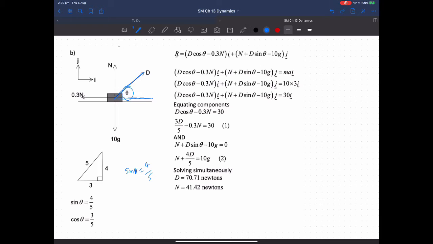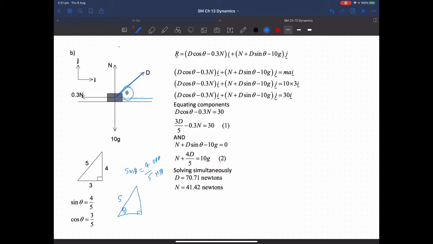Looking at that, what we can recognize is that is opposite side over hypotenuse. So if we were to draw a right-angled triangle, we know the hypotenuse will be 5.